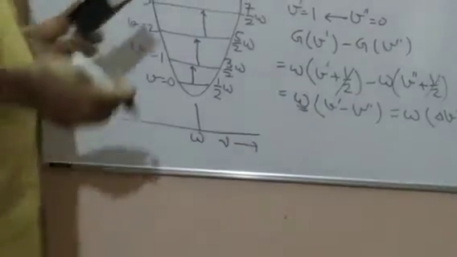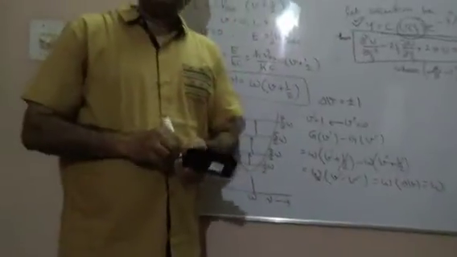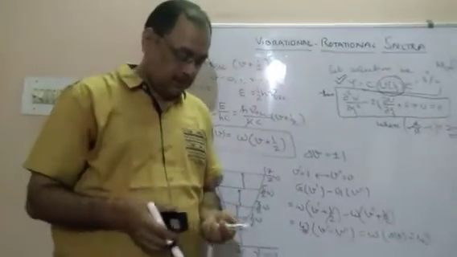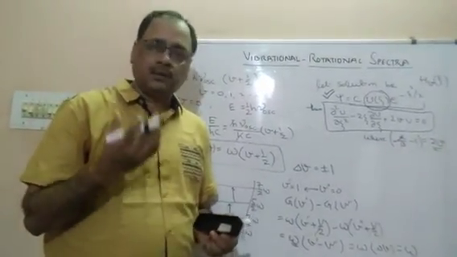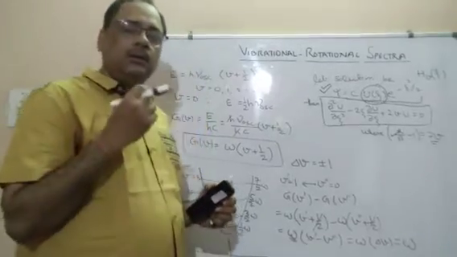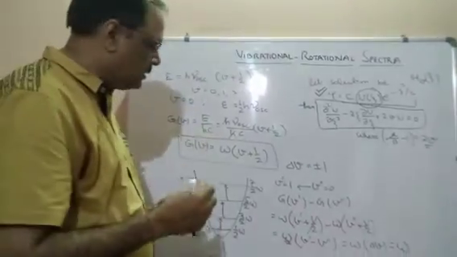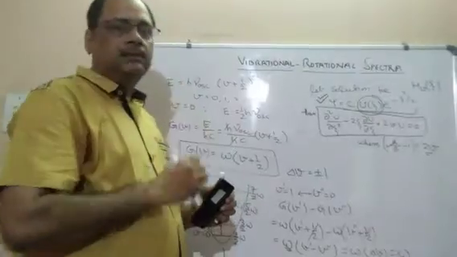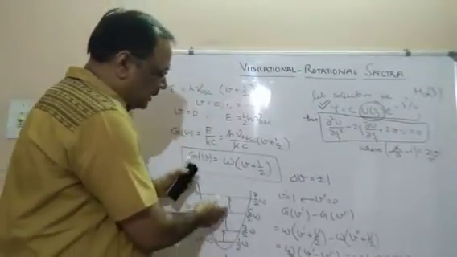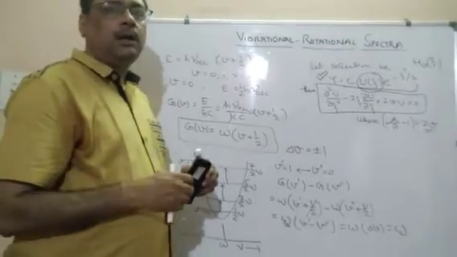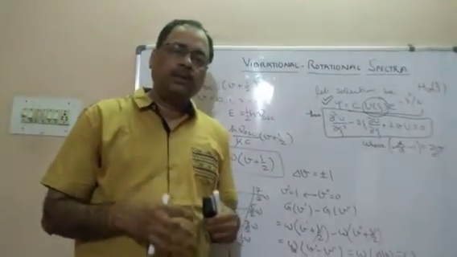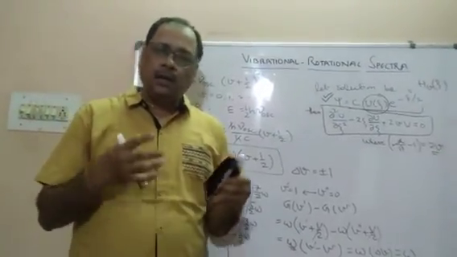So it is a very ideal situation that if we consider the harmonic oscillator case for the diatomic molecule, we will get only one single intense line in all the nearby transitions, that will be omega. So now I will explain what will happen if we take the anharmonic case.